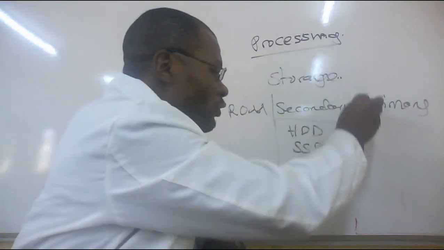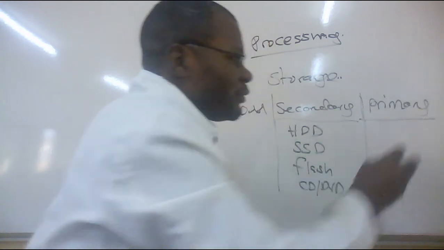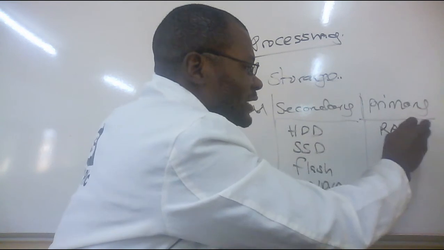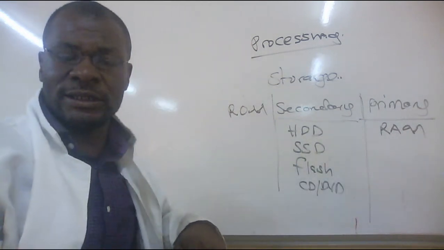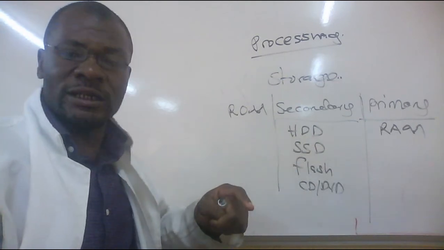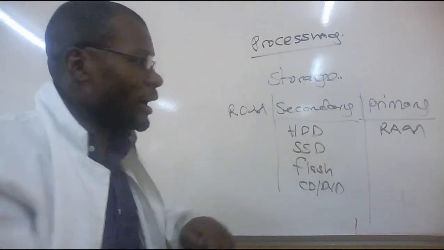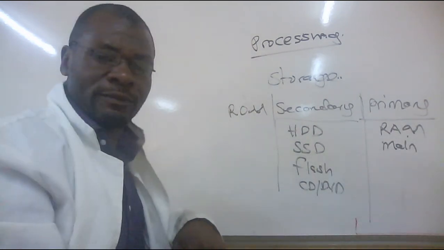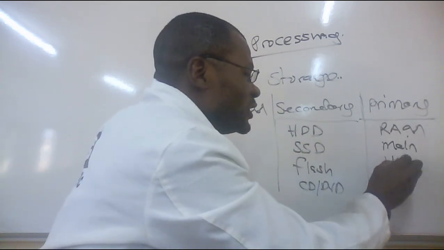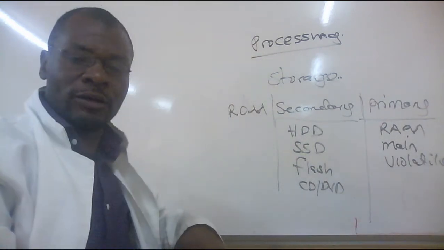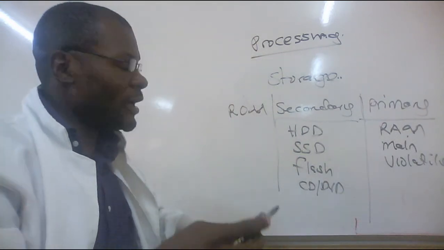Then we've got what we call primary memory. Primary memory, the dominant type of memory there, is RAM, which is random access memory. So primary memory is RAM, and others call it main memory. And this memory is volatile. I'll explain the meaning of that.